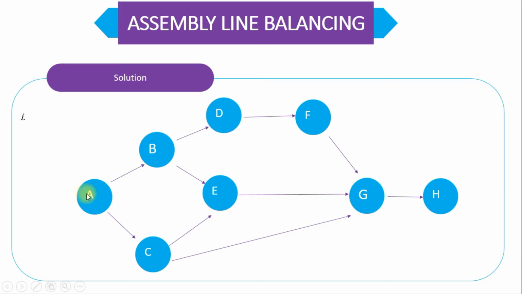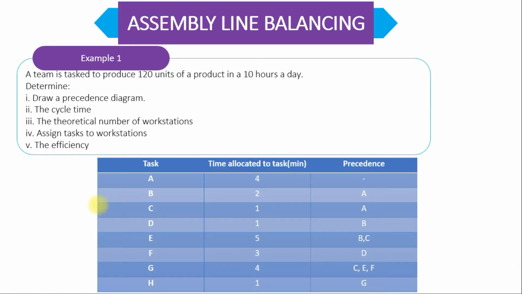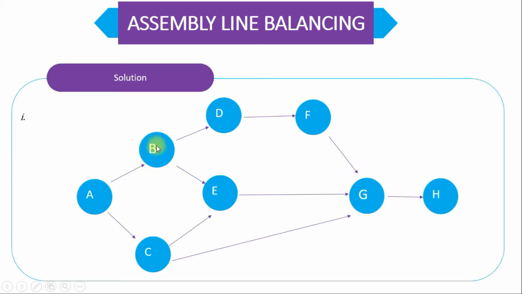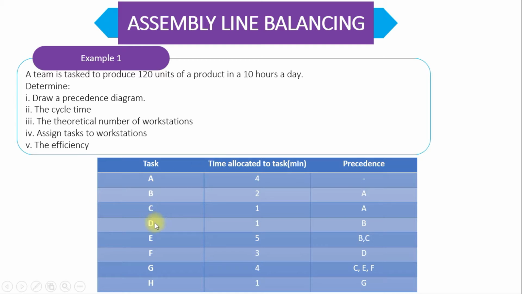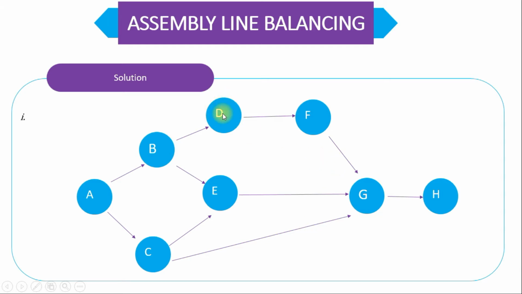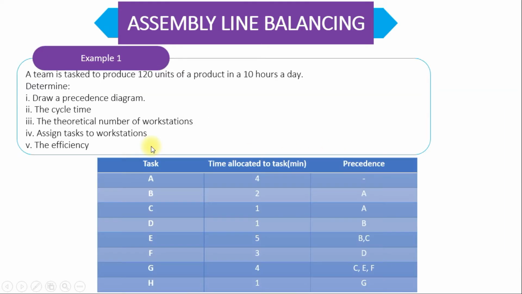From the beginning we have A. From the task table, we noted that A didn't follow any particular task, so A was the first task, followed by B and C, which both follow A. Then we have task D, which follows task B. Then we have task E, which follows B and C.